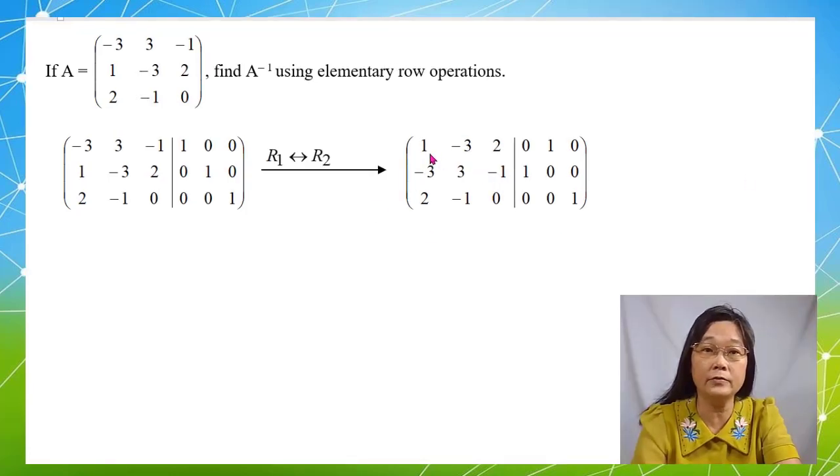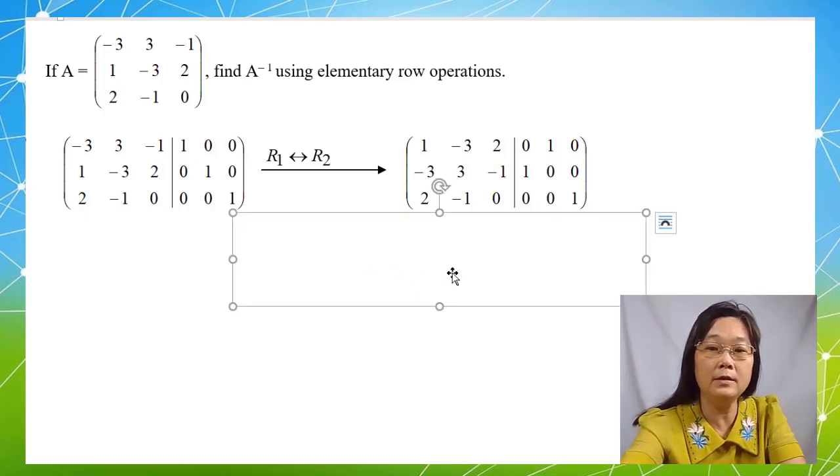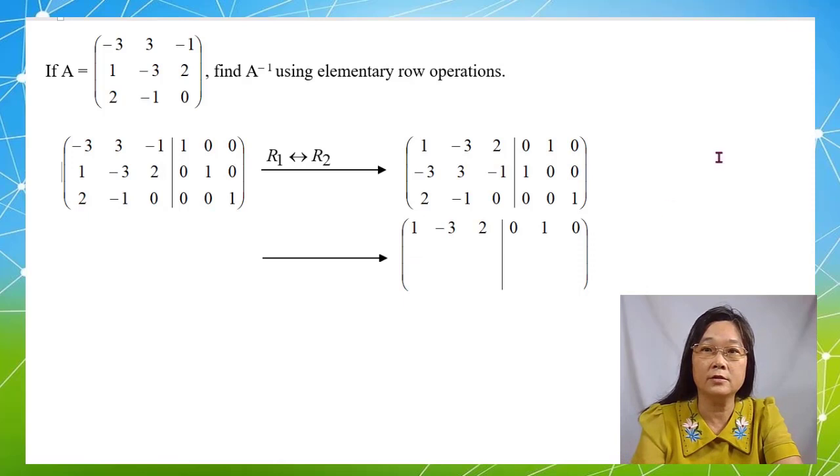Now step 2, I'm going to change this number into 0, and step 3, I'm going to change this number to 0. So all the elements in row 2 and row 3 will change, but row 1 remains unchanged. First, I'm going to determine the suitable operation for this.